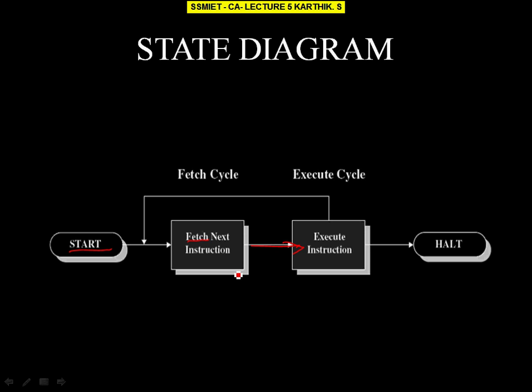Now let us look into a detailed view of the state diagram, the operation. For our convenience we will take this example as add a comma b. So add a comma b is an instruction. Let us assume the instruction is add a comma b, and now we will see in this video.